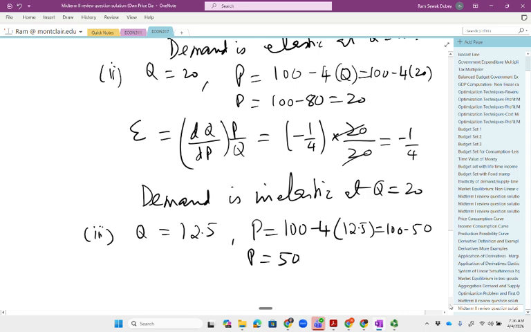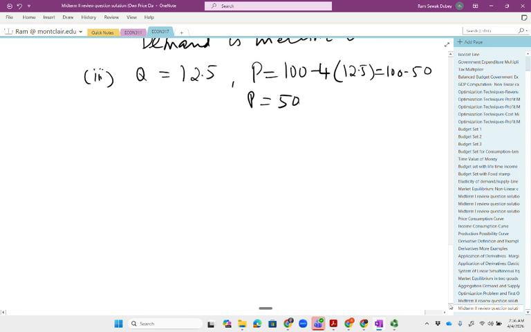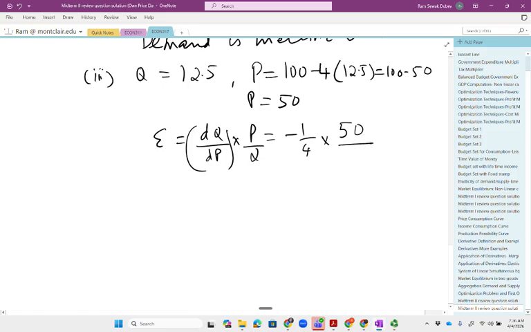Given this, we can again do the same exercise of computing the elasticity, which is the derivative times p over q. So negative 1/4 times 50, that is price, over 12.5, that is the quantity. 4 times 12.5 is 50, so I have 50 in the numerator, 50 in the denominator.